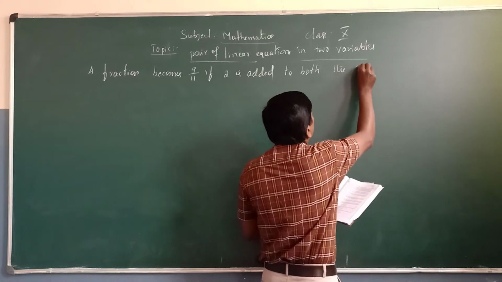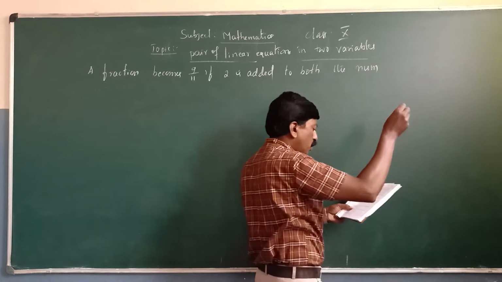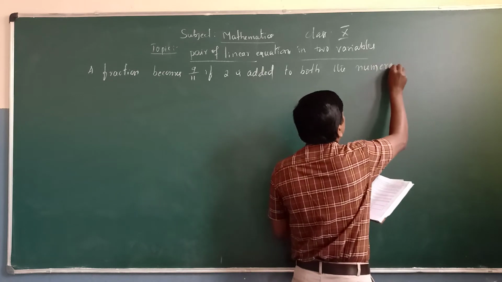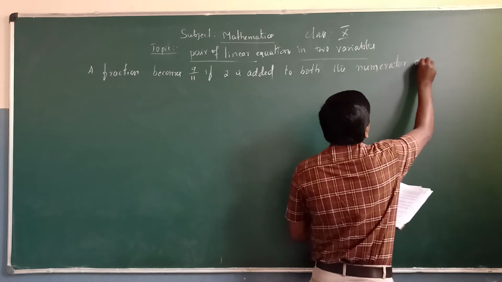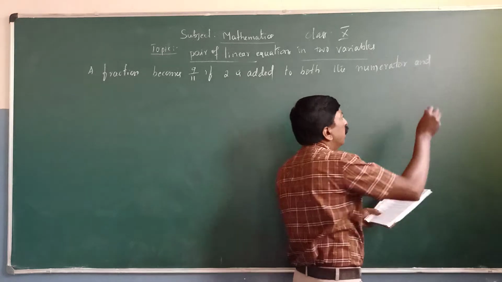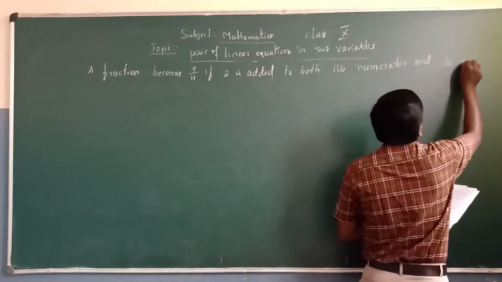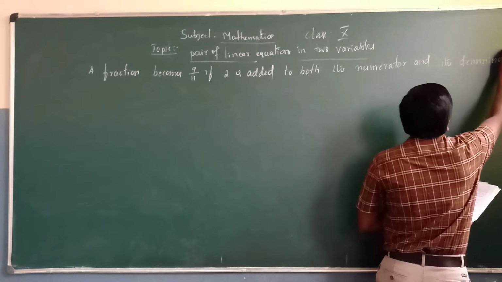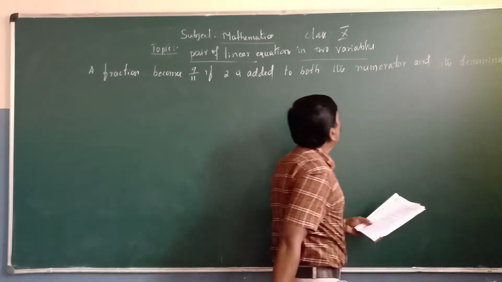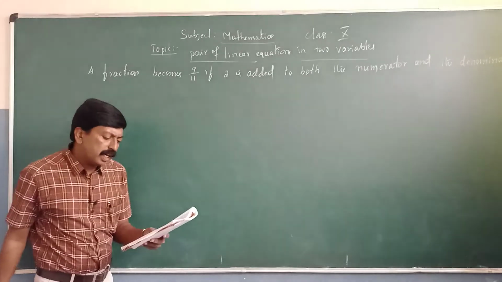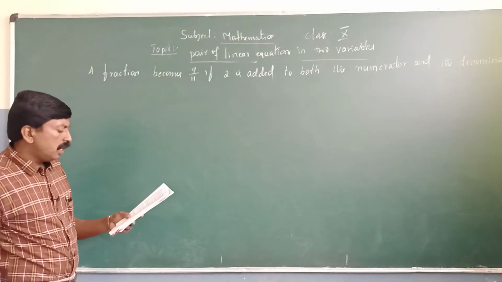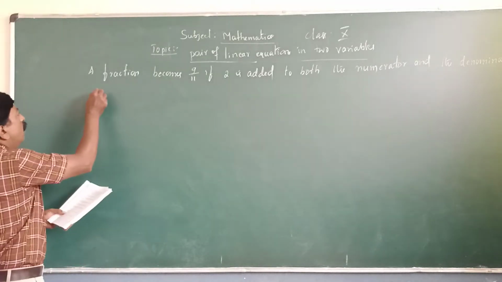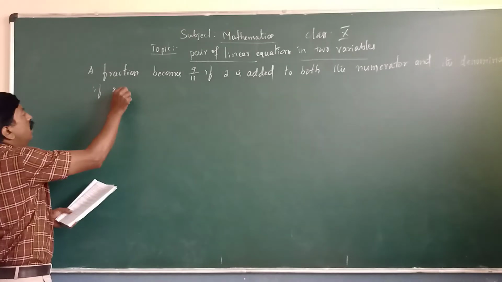the numerator and the denominator. So 2 is added to both numerator and denominator. Full stop.